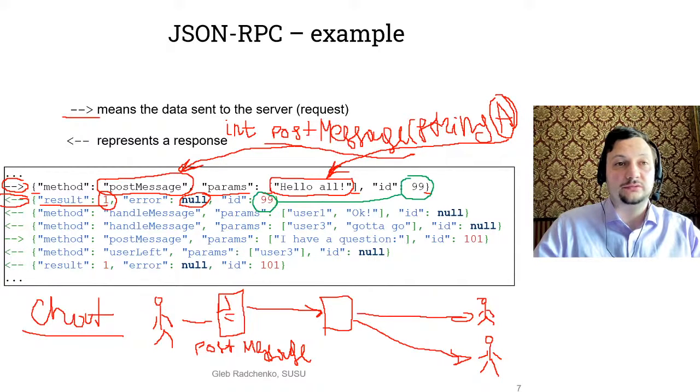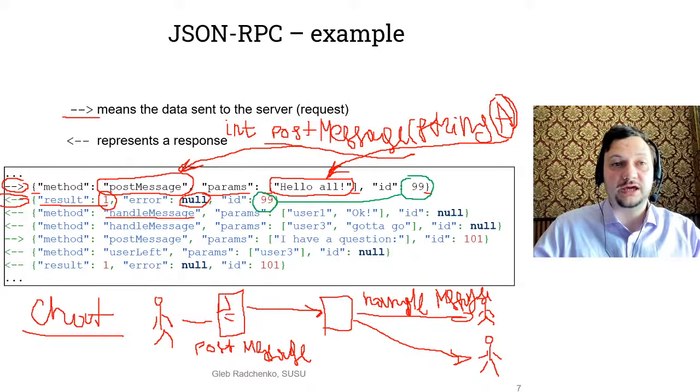And the server, to send the message to all the other users, uses the method handleMessage. So the users would be able to read this message that the other user sent.